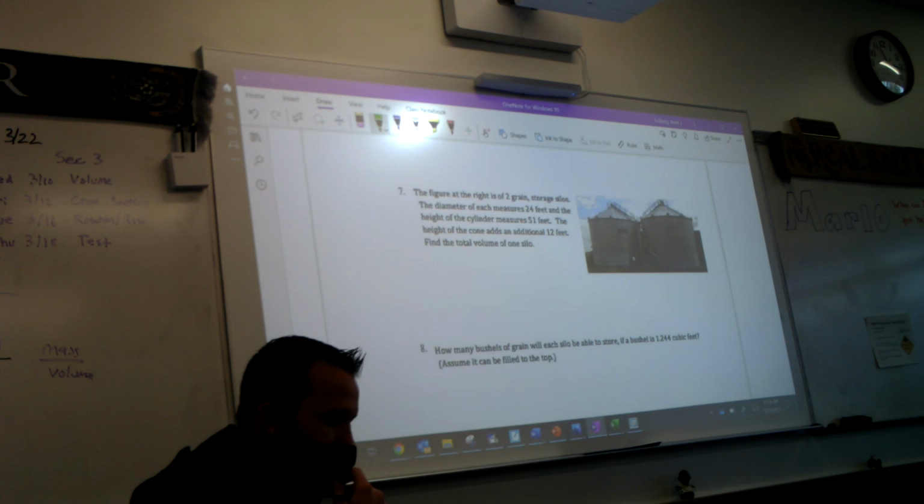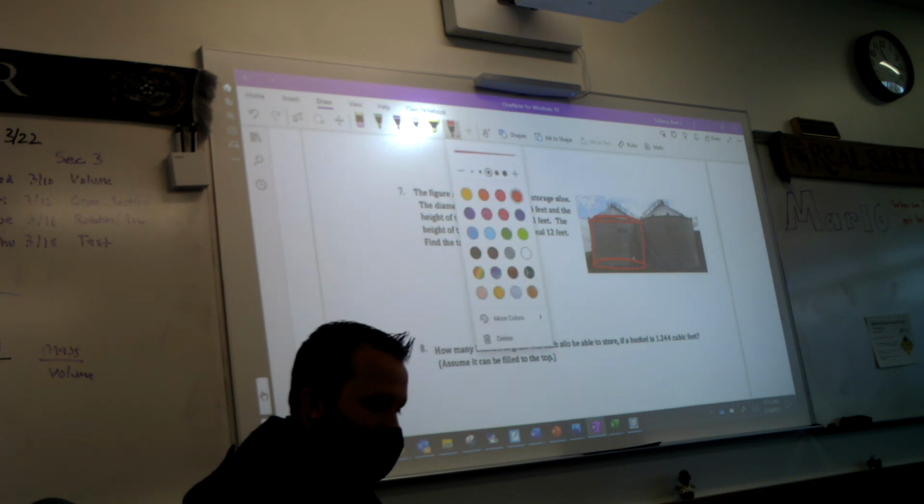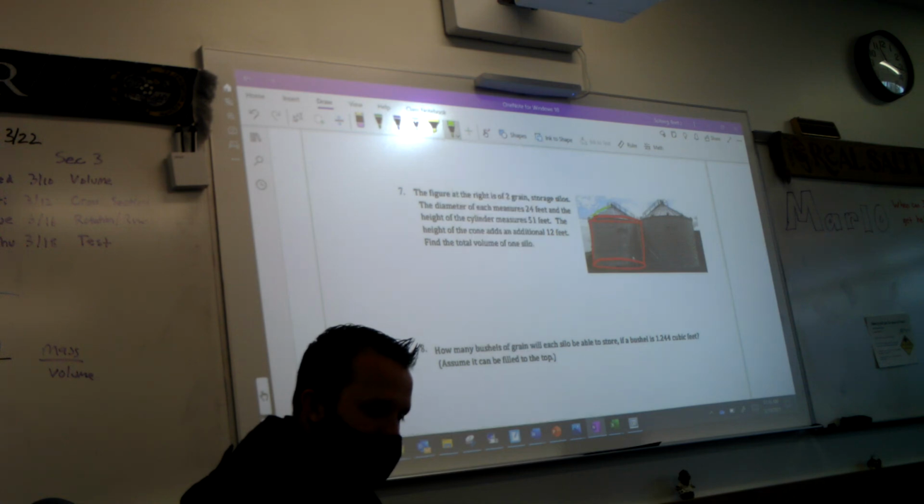Oscar, what do you think? So yeah, I've got a cylinder right here. And if we're looking at it in 2 dimensions, the top kind of looks like a triangle, but in 3 dimensions, let's call that a cone. Let's change colors right there. So here is my cone. It's going to go around like that.